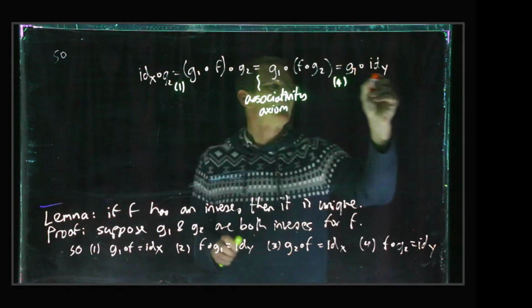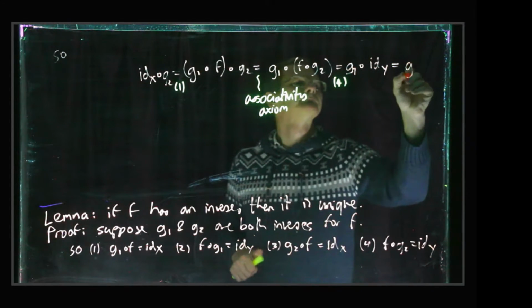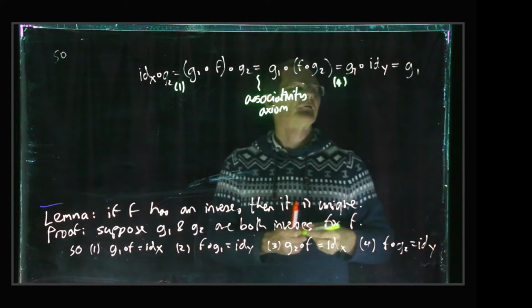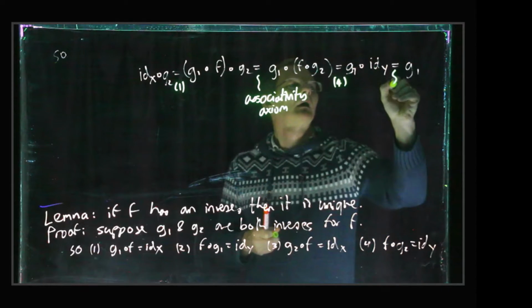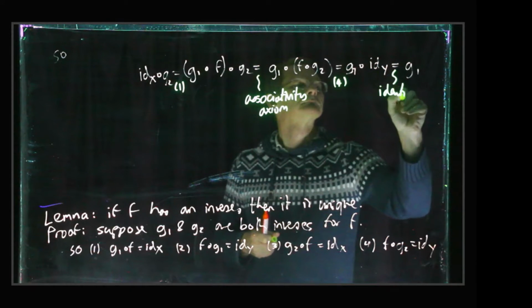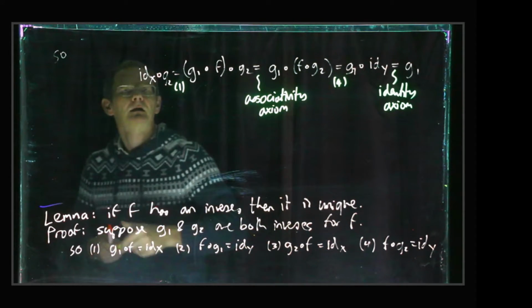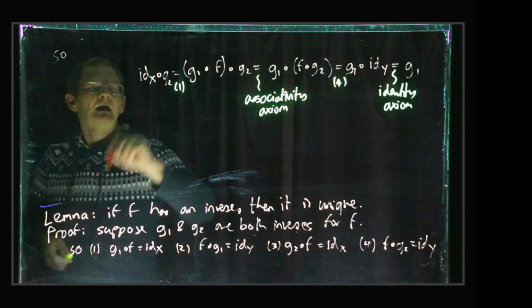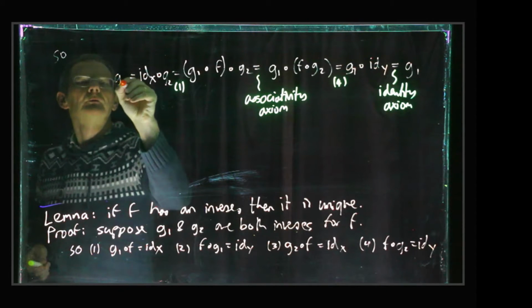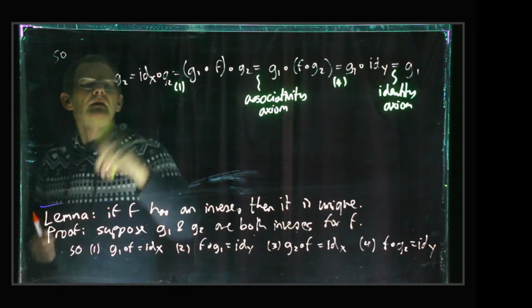Then over here, G1 composed with the identity is just G1. This was one of the two identity axioms. And similarly, the identity on X composed with G2 is equal to G2. This is again the identity axiom.